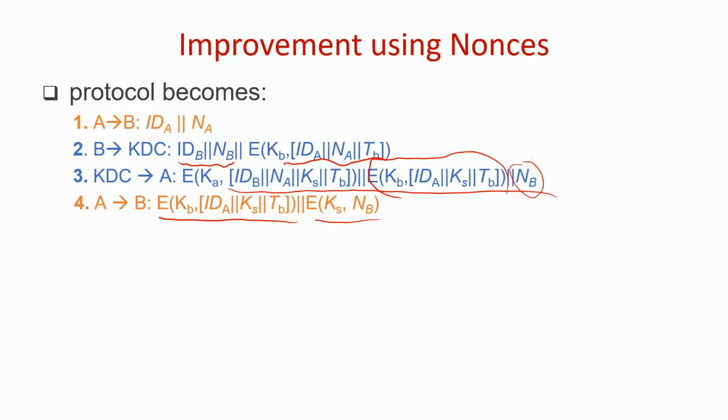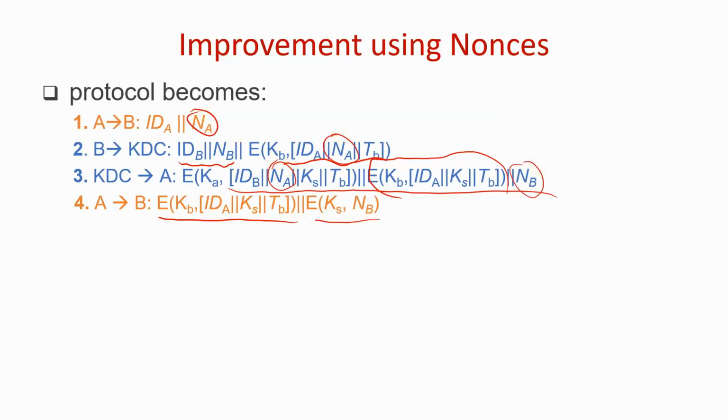Let's check actually where are the authentication steps. Here, the challenge response mechanisms are actually done a little bit different. The nonce that A sends in step 1, NA, is sent to the KDC in step 2 and returned back to A in step 3. This is the three-way challenge response. So the nonce is sent to B and returned from the KDC.